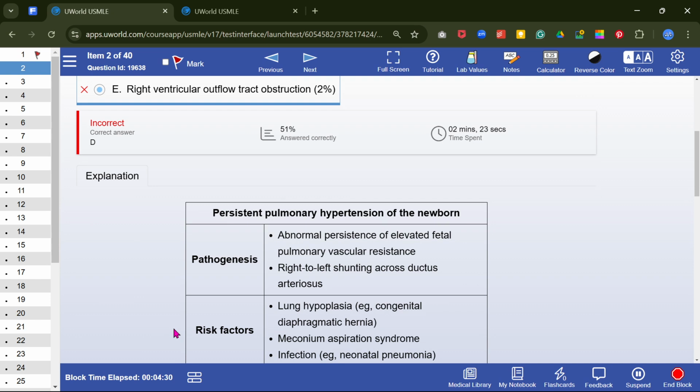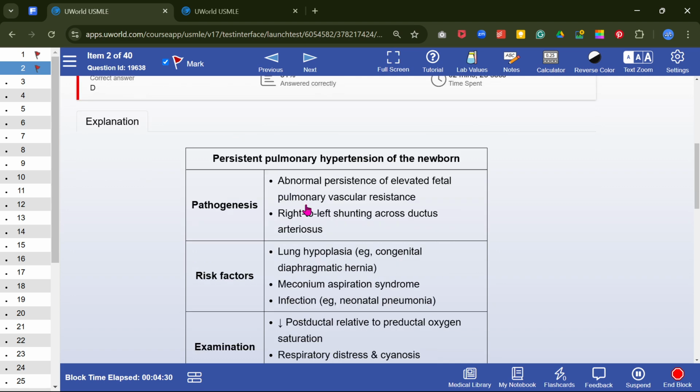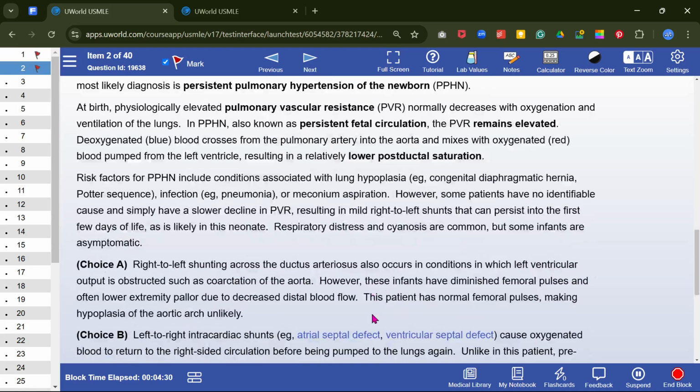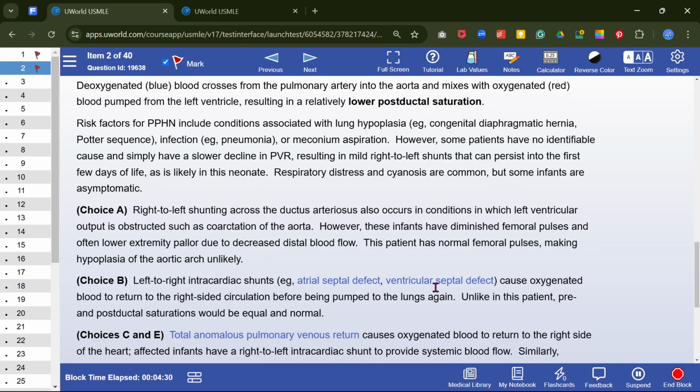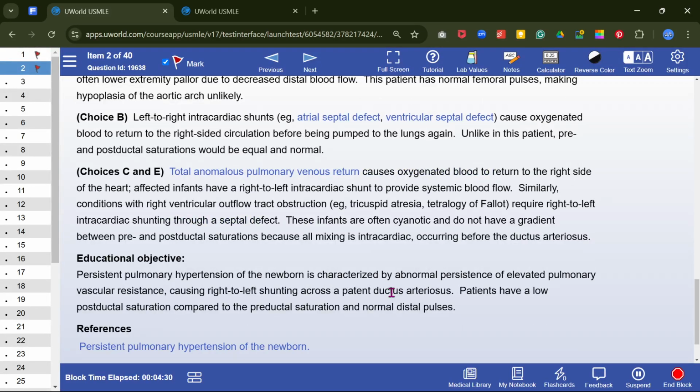Okay, this is persistent pulmonary hypertension of the newborn. What you have said about coarctation according to the picture, can you describe it again? Yes, yes. It's equal. Yes.